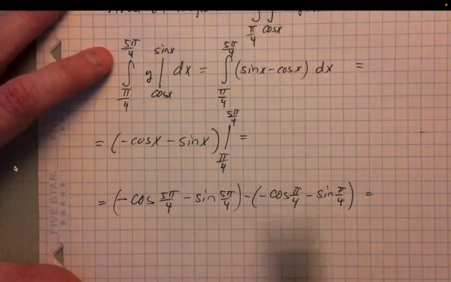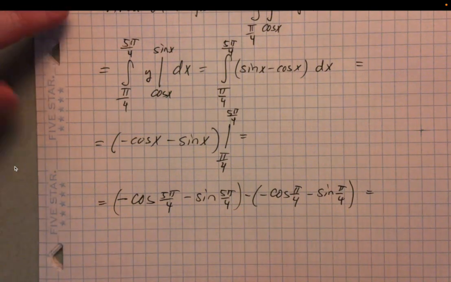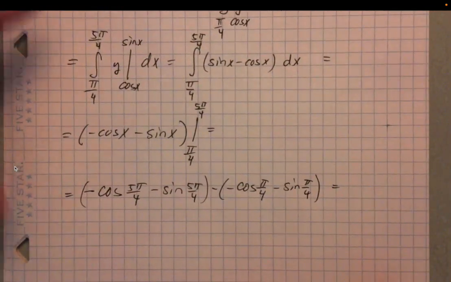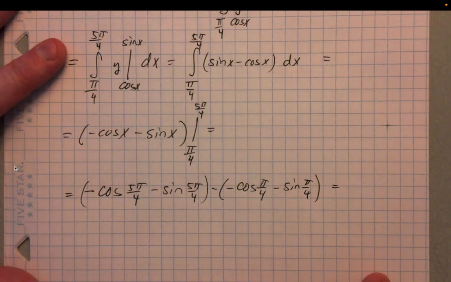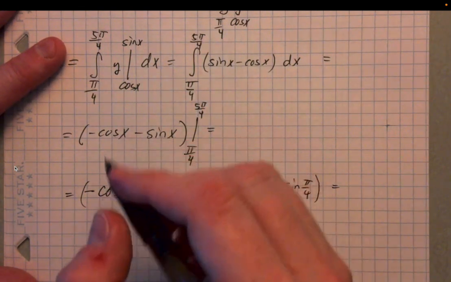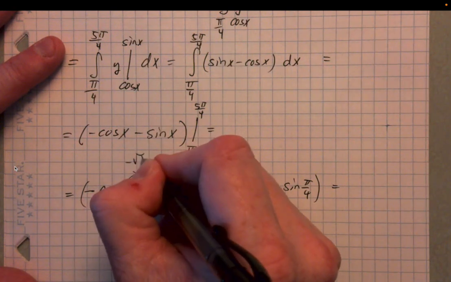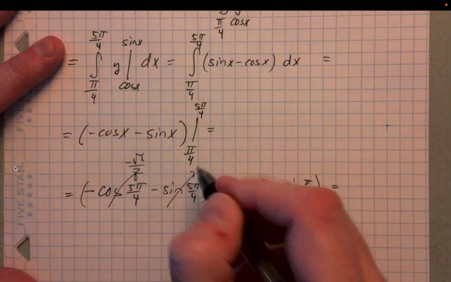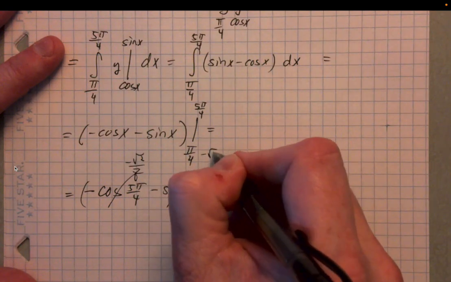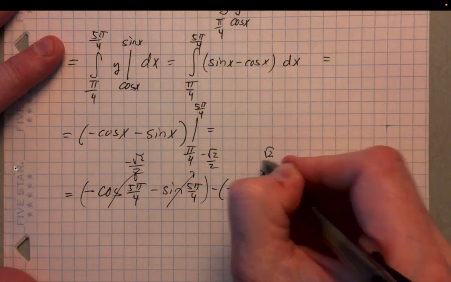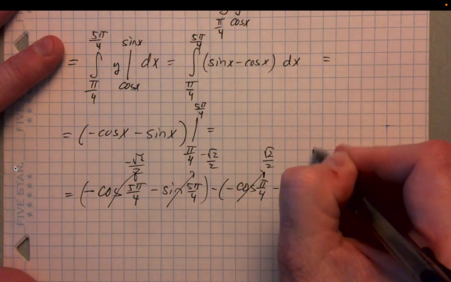Now here's where we have to remember our trigonometry, or maybe pull out a calculator or a unit circle and just look for these values. Now, cos of 5 pi over 4 is negative square root of 2 over 2. The sine is also negative square root of 2 over 2. Cos pi over 4 is square root of 2 over 2. And sine of pi over 4 is square root of 2 over 2.